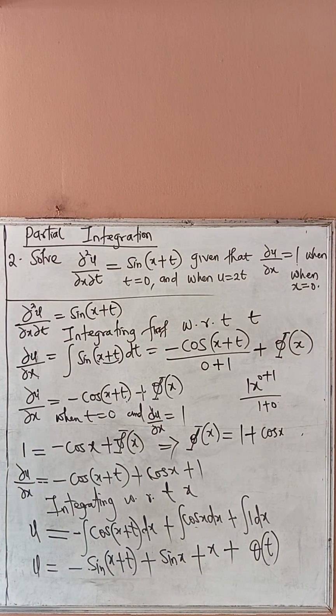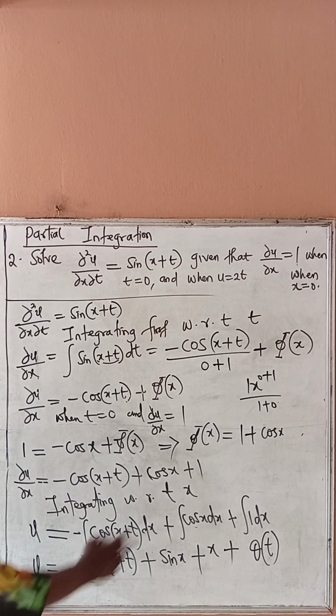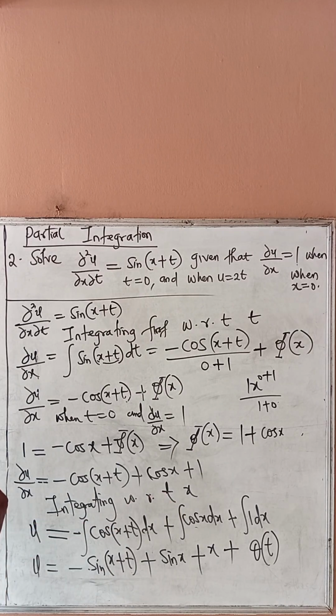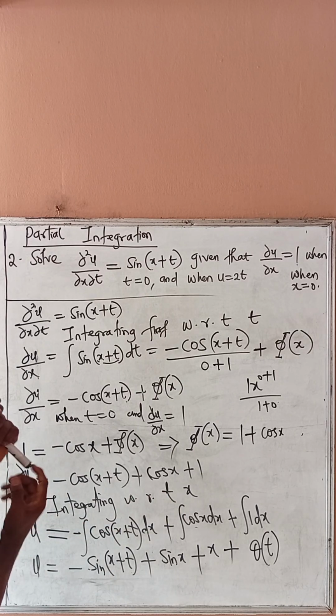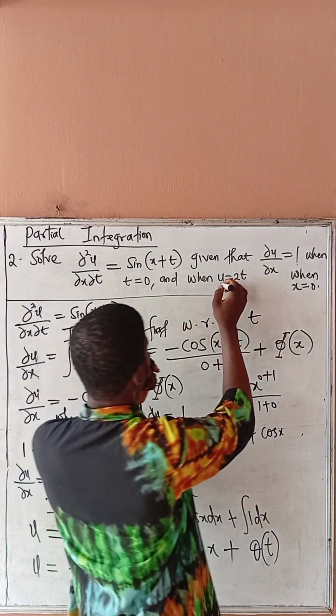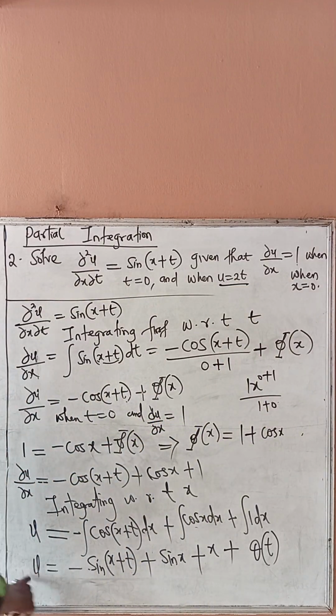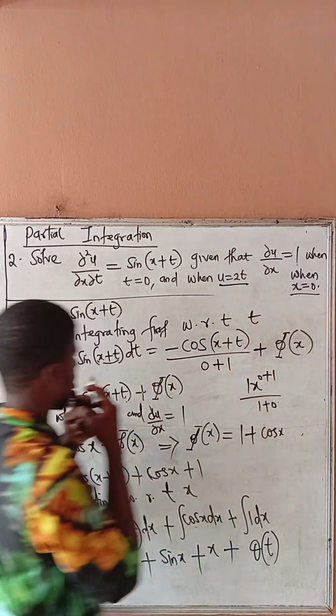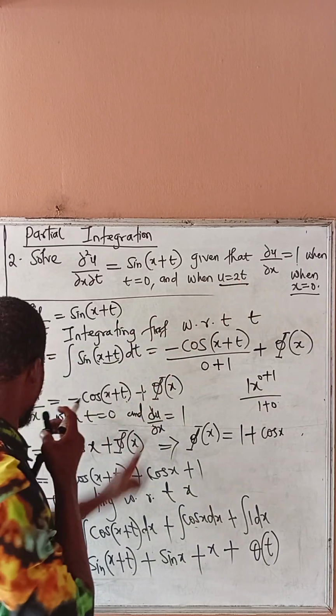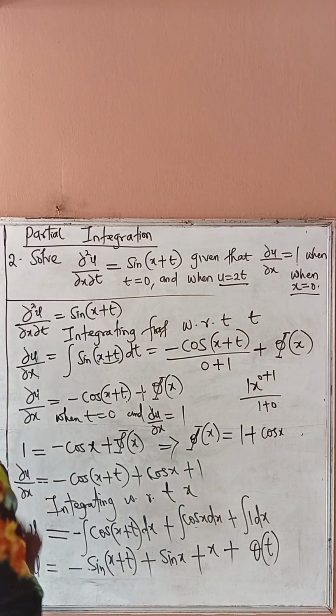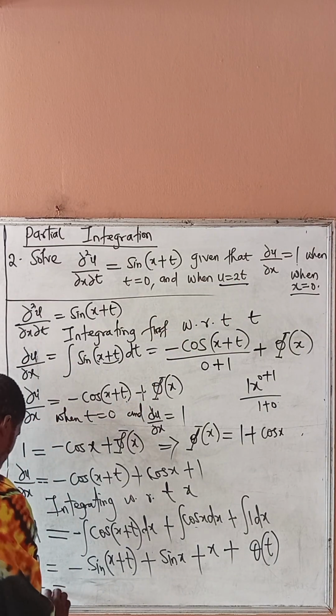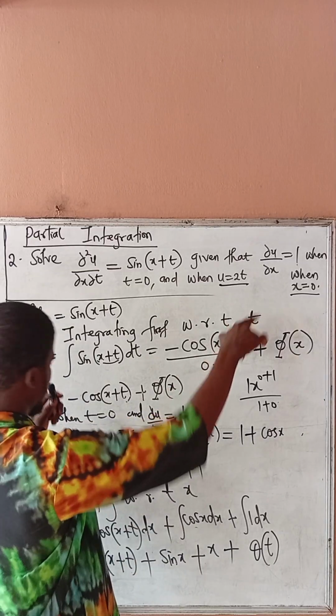Okay, let's go. Let's get theta of t by applying the last boundary condition. U is 2t. I need u and I need what? X. Look at it. U is 2t. If I plug in 2t here, this will be 2t equals, x is 0.